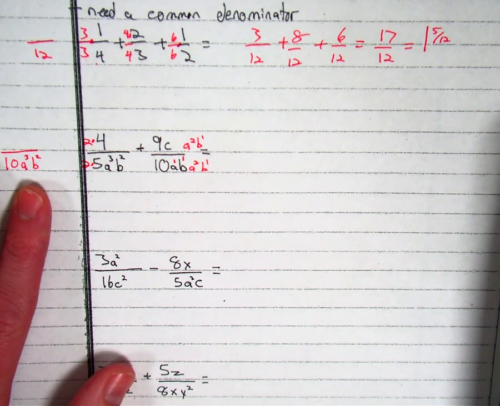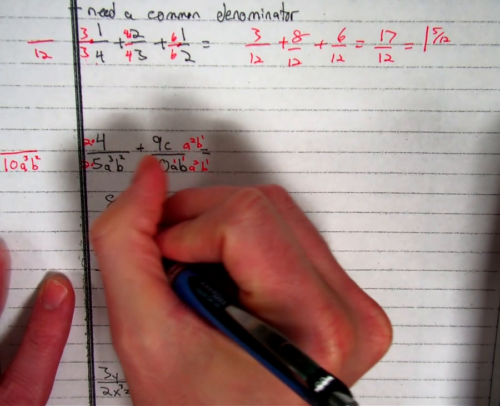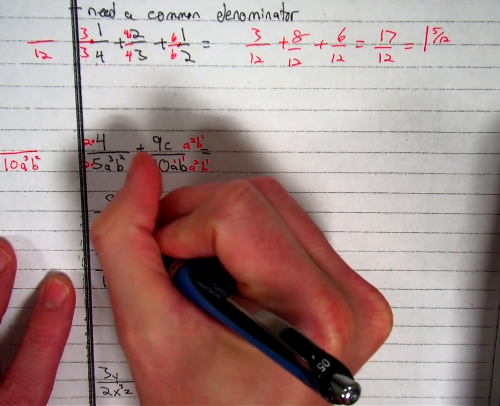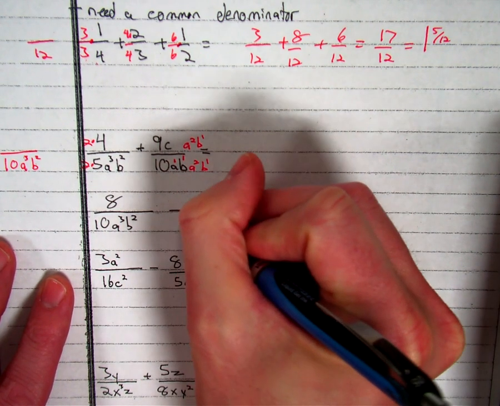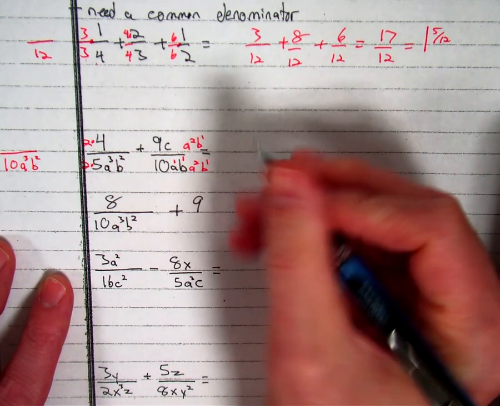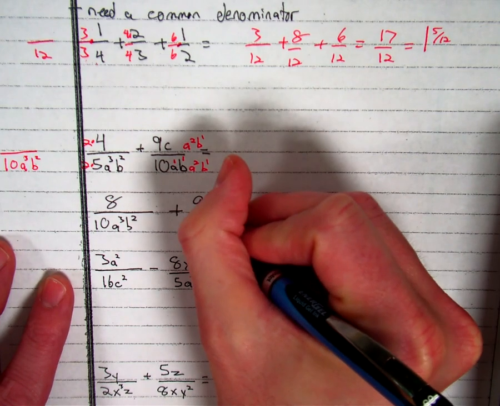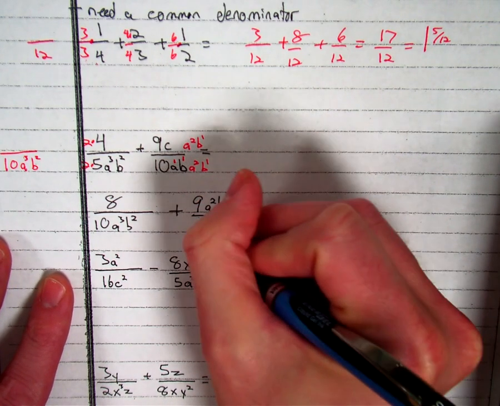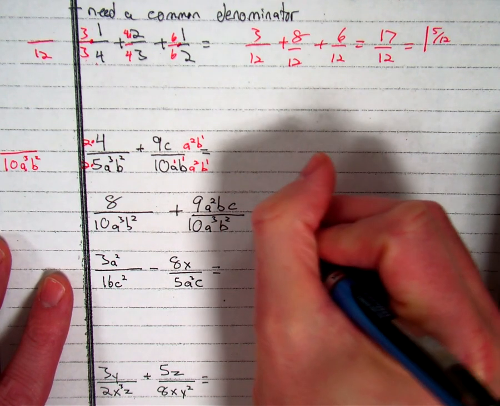Okay, I'm going to rewrite it. 2 times 4 on the top, we got 8 over 10, a to the third, b to the second, plus 9, I'm going to put those letters in order, a squared bc over 10, a to the third, b to the second.